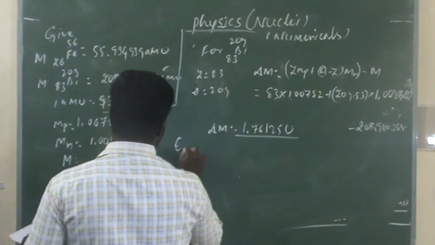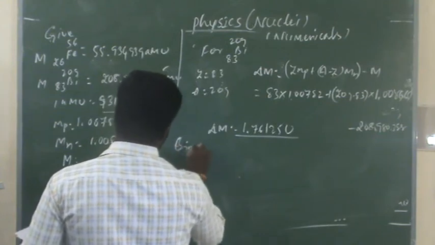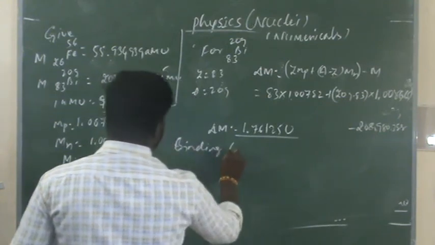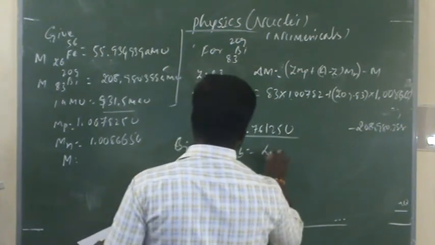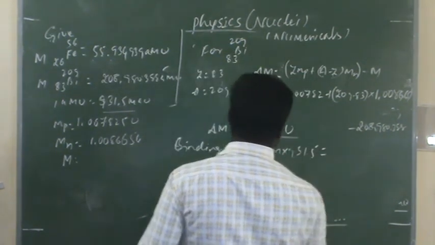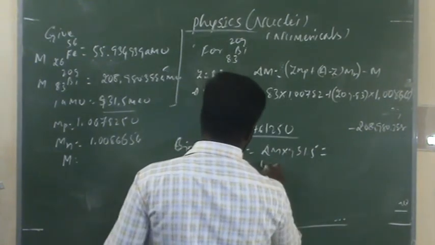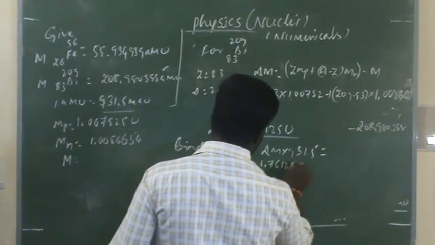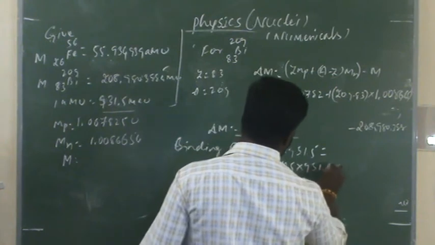Binding energy E_B is equal to mass defect into 931.5, that is 1.76125 into 931.5.